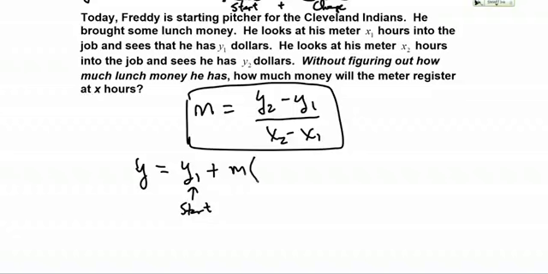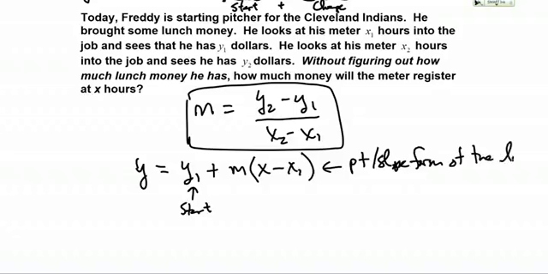And we want to find here over how much time since that starting value here did it go. Well, that was however many hours you want, the X, minus the known number of hours, which was X sub 1. And this is called the point slope form of the line.